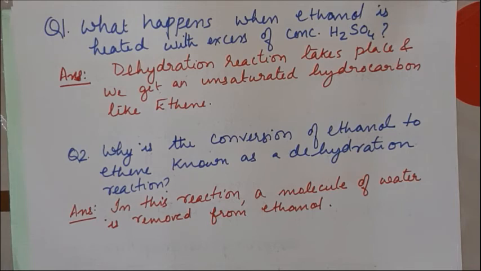Now why is this reaction called dehydration reaction? The conversion of ethanol to ethene is a dehydration reaction. The reason is that when this reaction takes place, a molecule of water is removed from ethanol. So this reaction is called dehydration reaction.